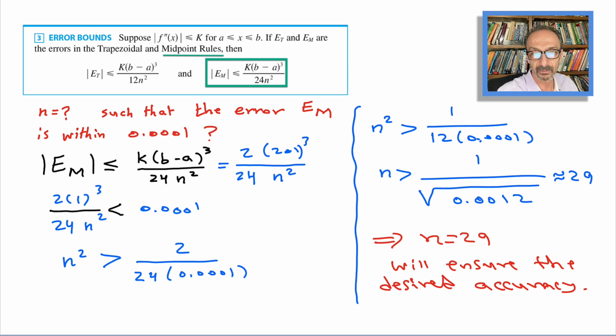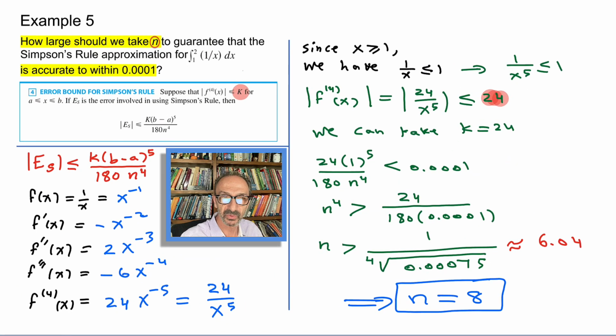We need fewer partitions, a smaller n, to be within 0.0001 compared to the trapezoidal approximation. But what about Simpson's rule? For Simpson's rule, we only need n to be 8 to have the error within the same number, 0.0001. And that should do it.